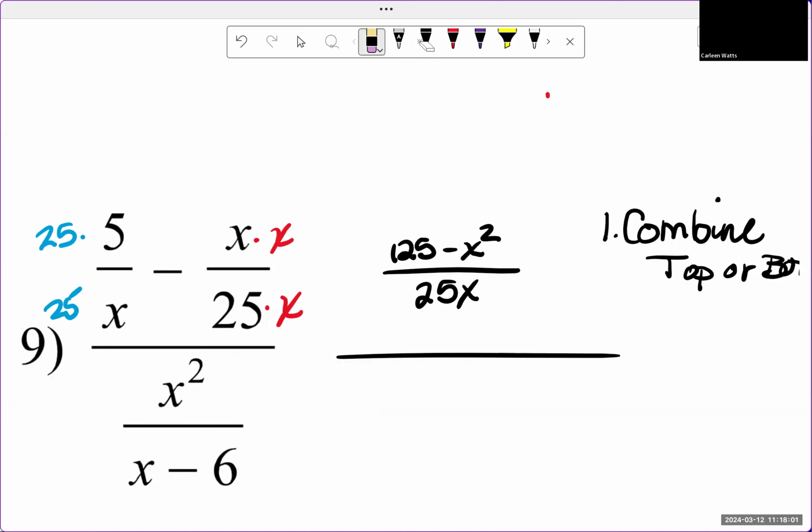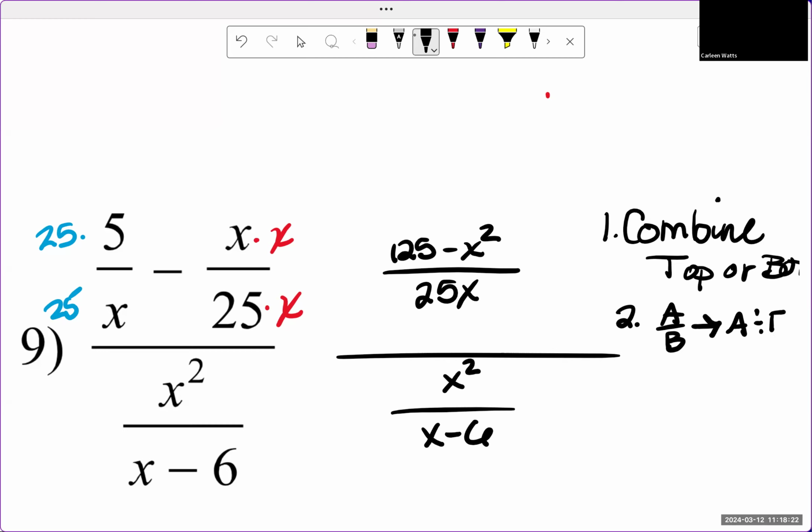And the bottom we have x squared over x minus 6. Now a over b becomes a divided by b. You're like, what?